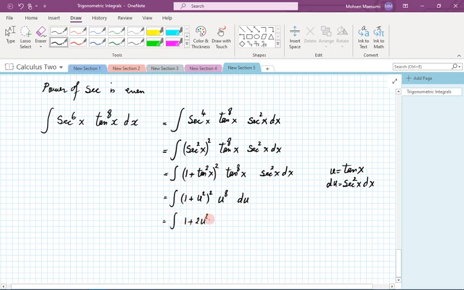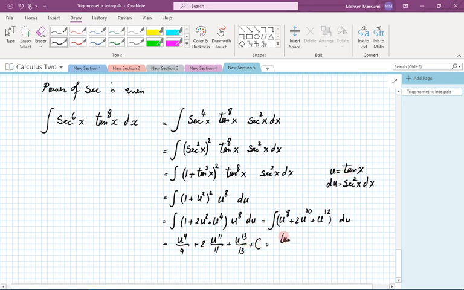I just have to do a bit of algebra: u to the 8 plus 2 u to the 10 plus u to the 12, du. Integrating, we get u to the 9 over 9, plus 2 u to the 11 over 11, plus u to the 13 over 13, plus a constant. We do our back substitution, and we'll have our answer.